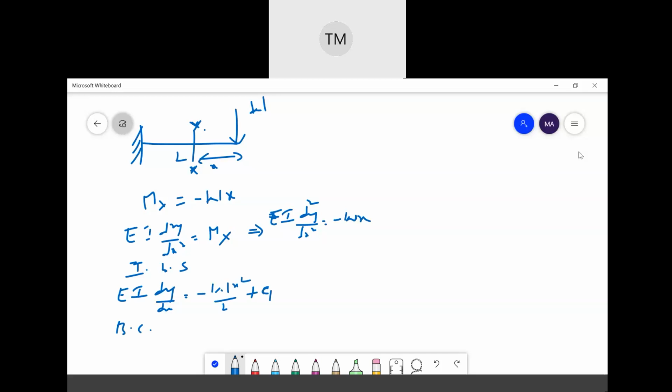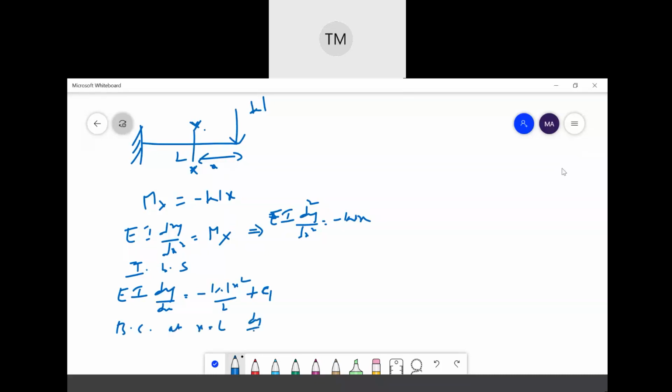What boundary condition will I apply? At x is equal to L, dy by dx is equal to 0.